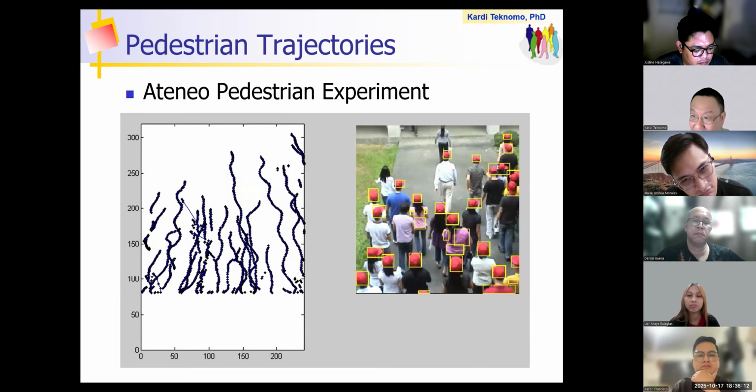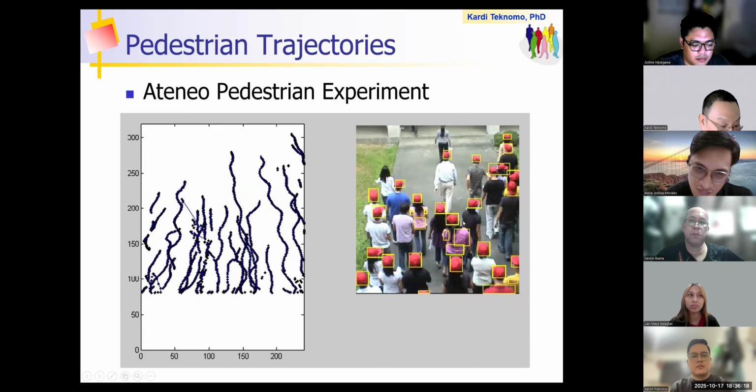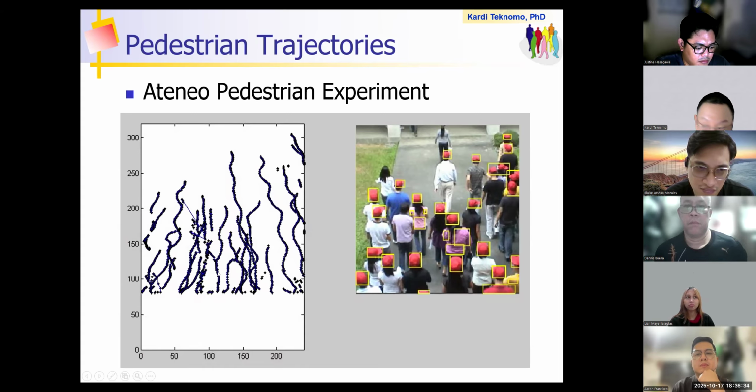I asked them to walk, but in order to track them, at that time my capability was still very bad, so I tracked them based on the hat. I gave them red hats so we can track them easily and get the actual movement.